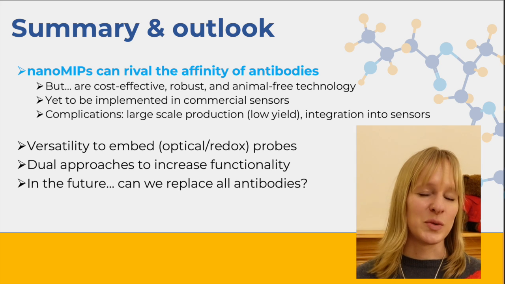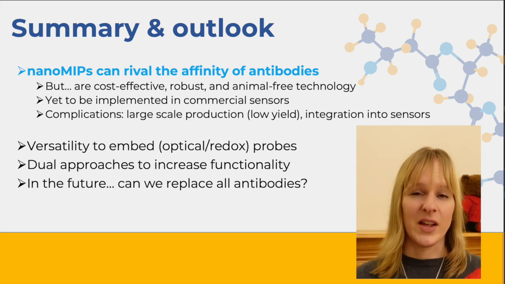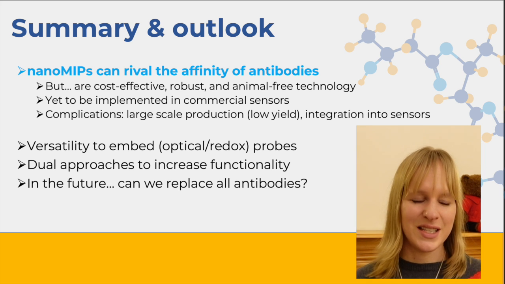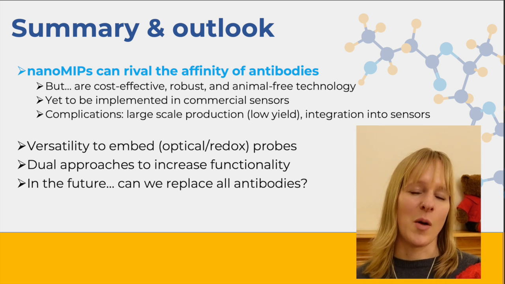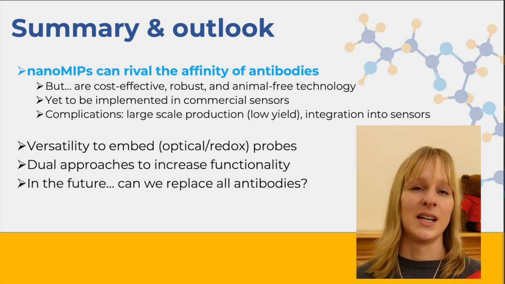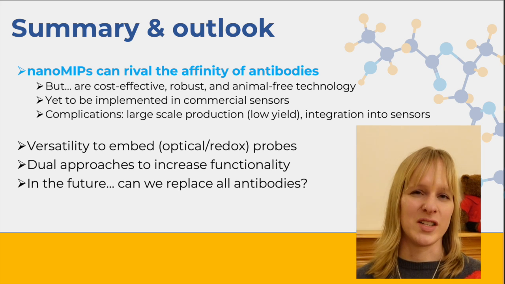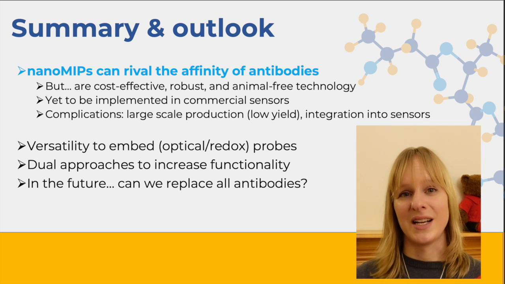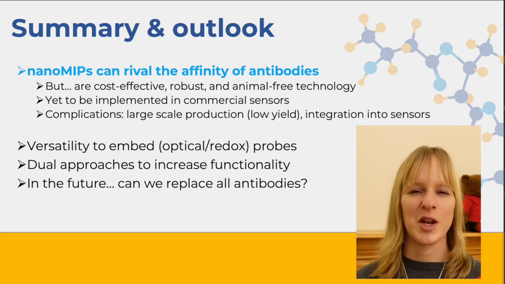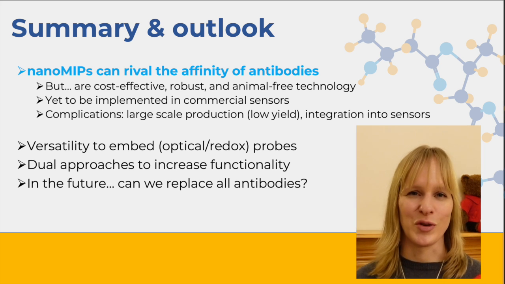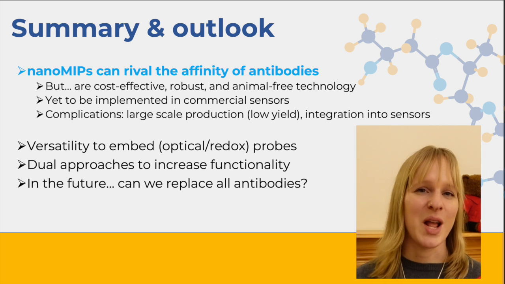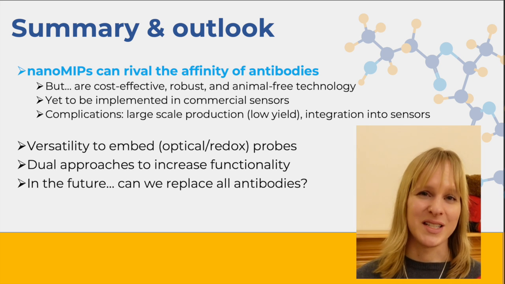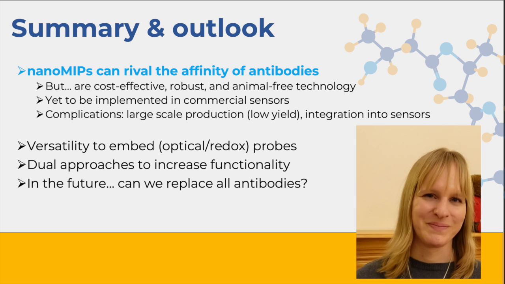Another big advantage of these polymers is that they can have dual functionalities, and we can really start to exploit that. They are also very easily modified with, for instance, redox and optical probes in order to visualize them. So there's a lot of scope for these molecularly imprinted nanoparticles, and let's see what the future holds. Perhaps we will be able to replace all antibodies with nanoMIPs in the future.